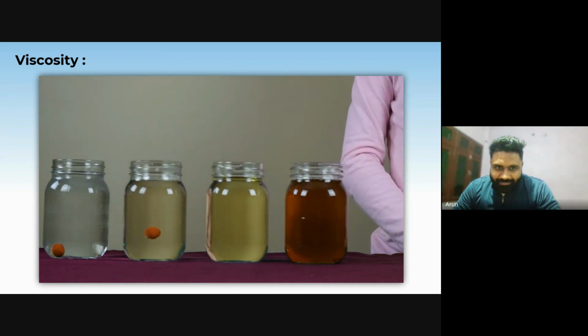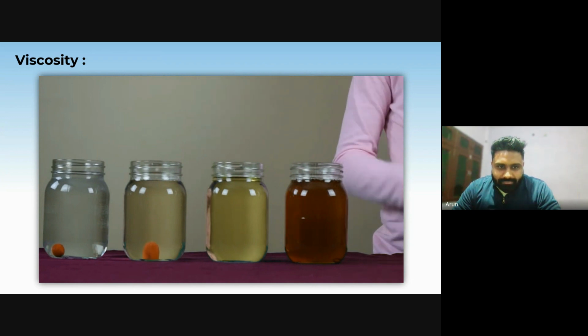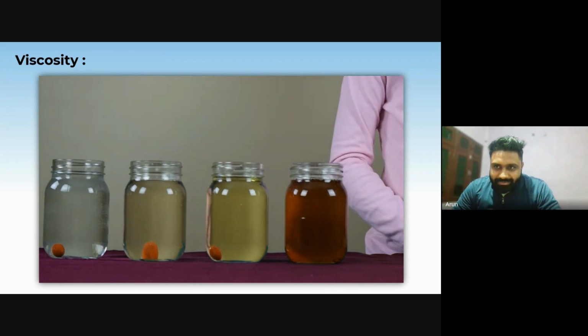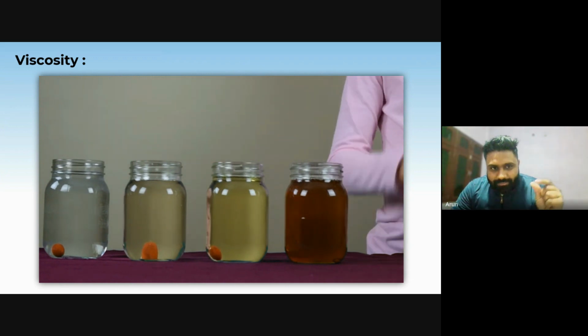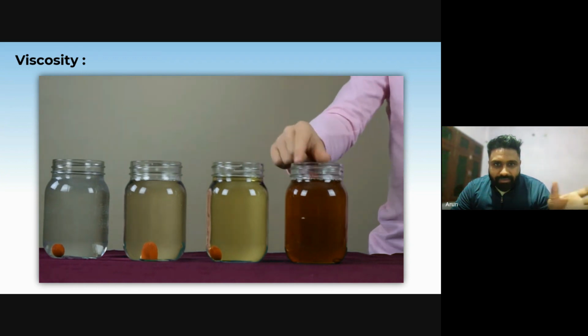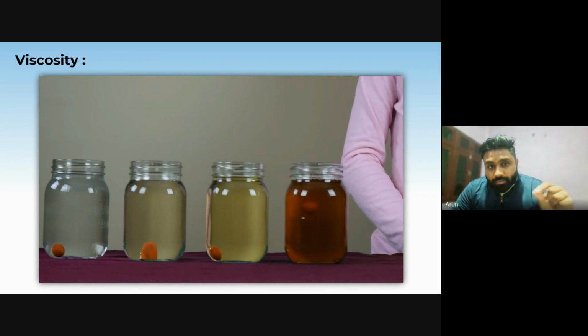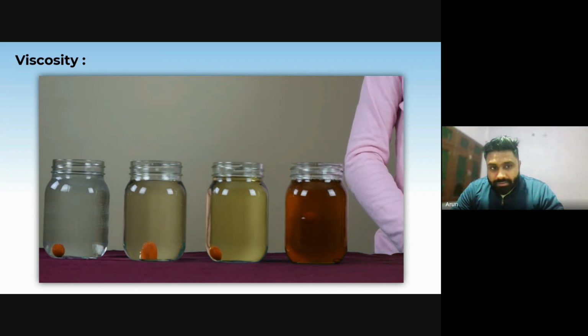Look at the video. What is happening? She is putting some balls in the jar, which is filled with a different liquid. When you put the ball in the very first container, the ball will drop instantly.